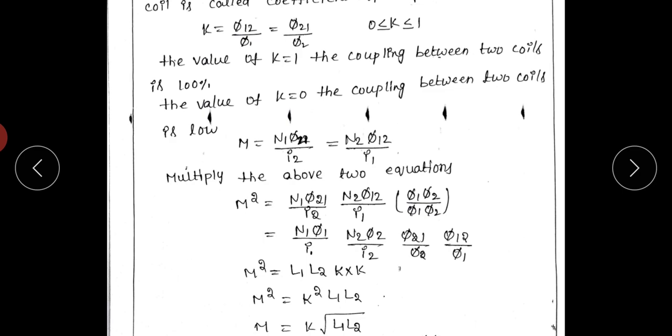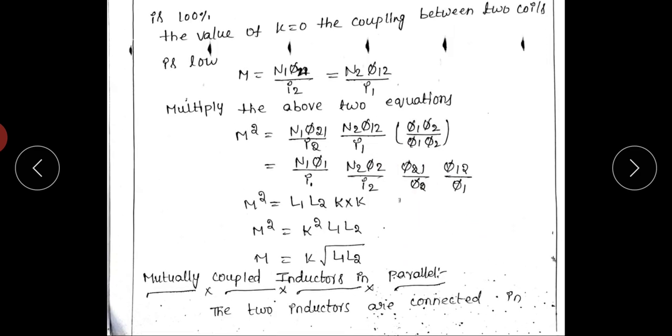So it equals N1 phi1 by I1, times N2 phi2 by I2, times phi21 by phi2, times phi12 by phi1. Or M square equals L1 into L2, K into K, or M square equals K square into L1 L2. M equals K into square root of L1 into L2, or K equals M by root L1 L2.